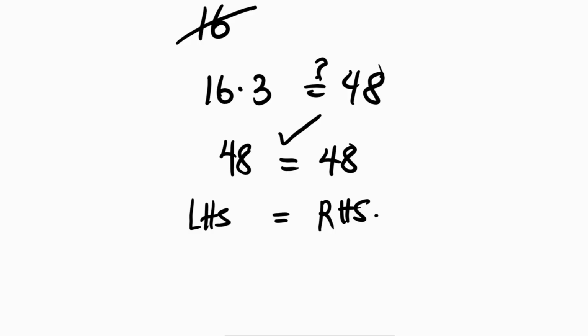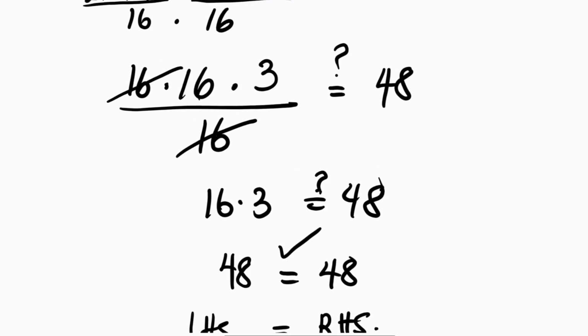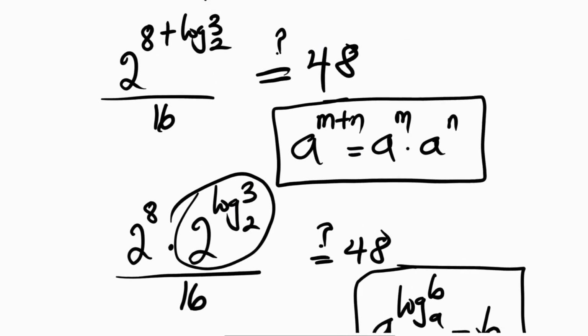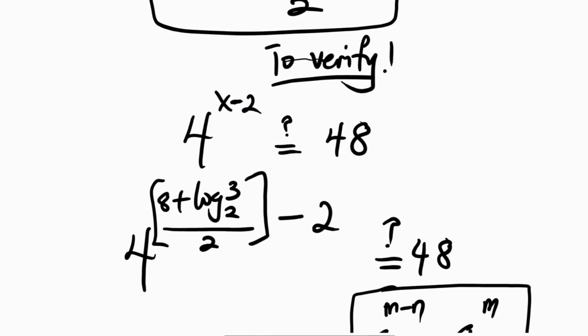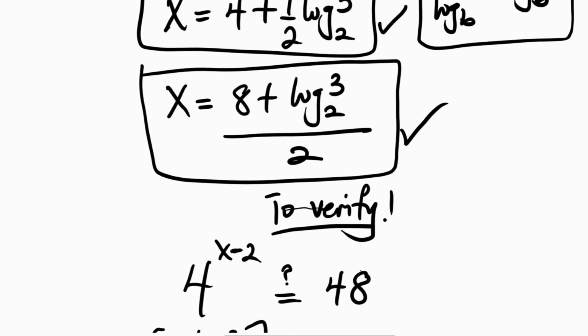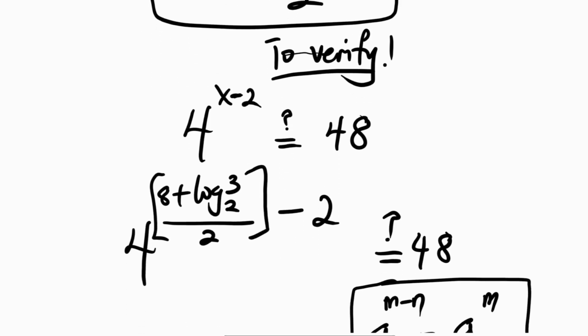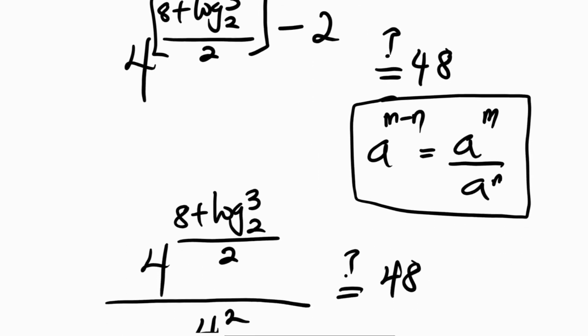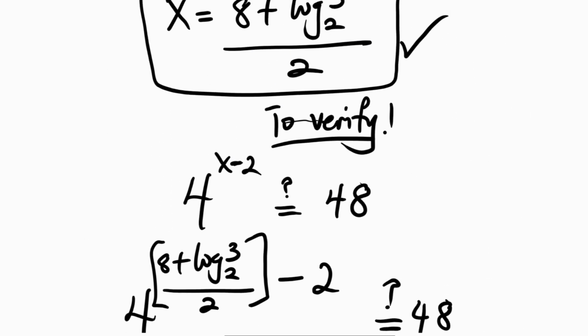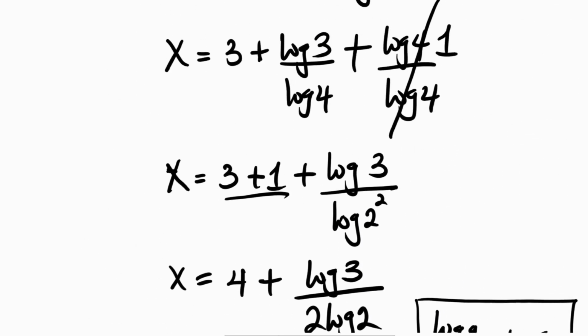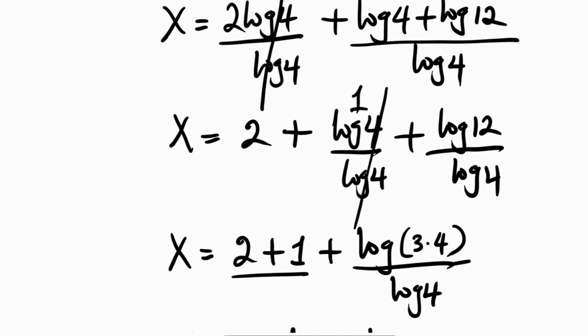So this just simply means that our value of x, which we got somewhere at the top, here, value of x here, which is equal to 8 plus log of 3 base 2 divided by 2, is the correct answer. So just go through this solution from top to the bottom, step by step, so that anytime you see a question that is similar to this, you'll be able to easily solve that question.